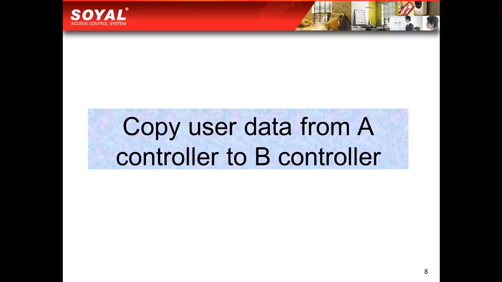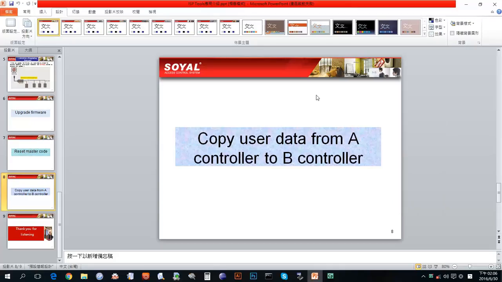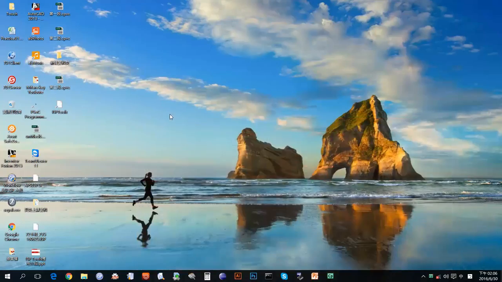Now I'm going to show you the third function of our ISP Tools. You could use our ISP Tools to copy the user data from controller A to controller B. Here I will show you how to use it.